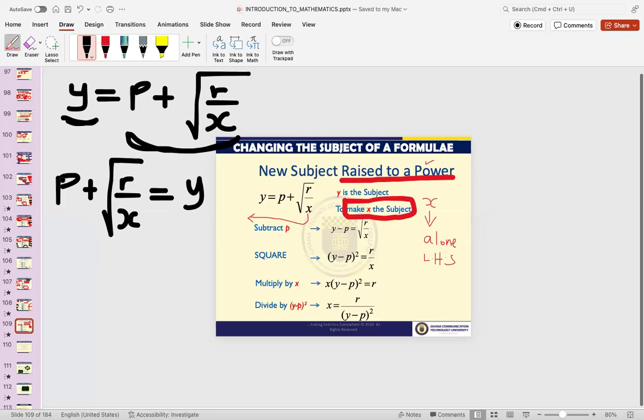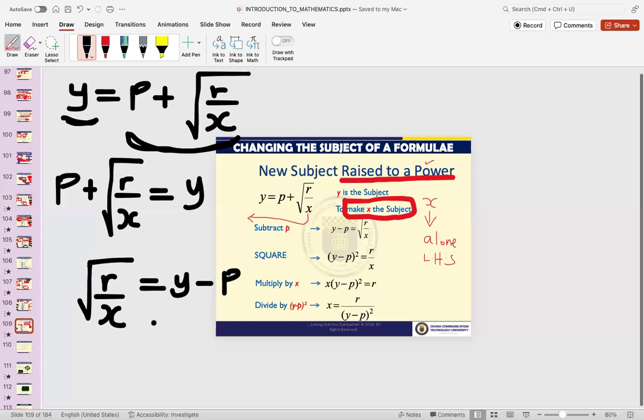So P is starting the movement, P is moving, P is positive. So when it crosses the equal sign, it becomes negative. So we have the square root of R over X is equal to y minus p this way.